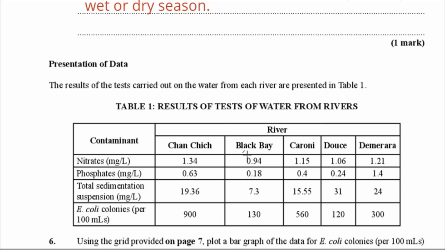So here we have Table 1 showing the results of the tests of water from the rivers. So we have listed here the contaminants. So the contaminants here are the nitrates and phosphates, total sedimentation, suspension, and then E. coli colonies per 100 mils.